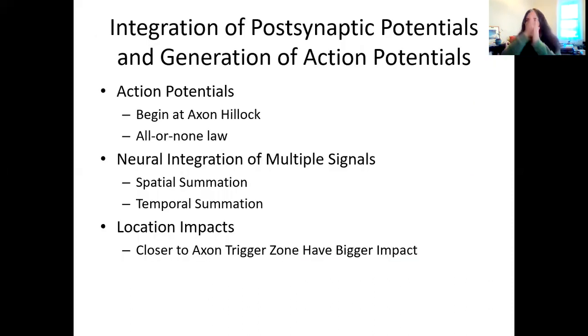Action potentials follow what is called the all or none law. They either happen or they don't. We either get to the threshold and the cell fires, or we don't reach threshold and those signals will just degrade.